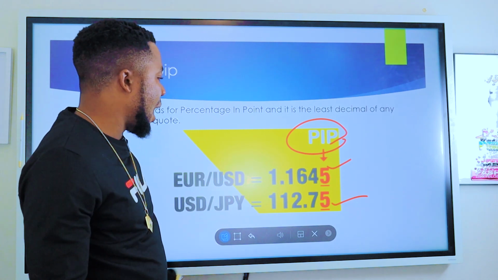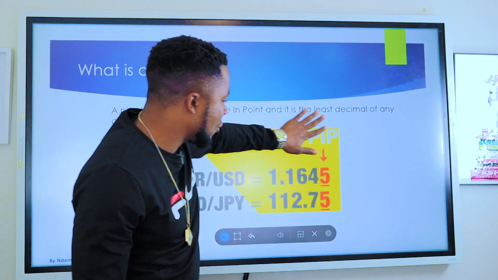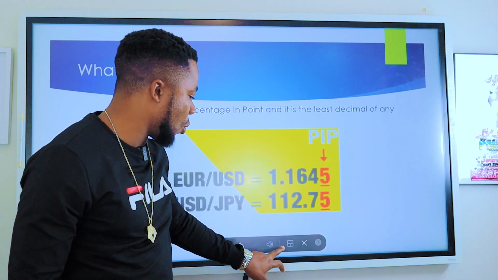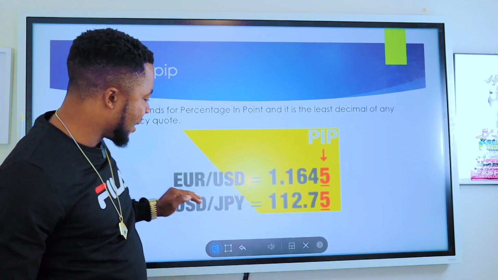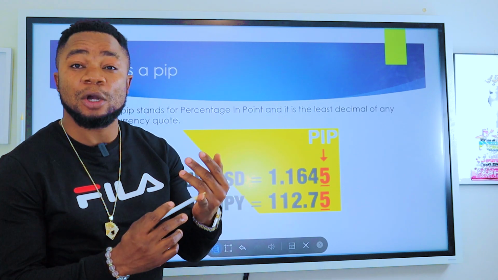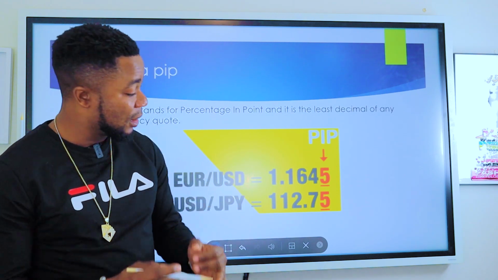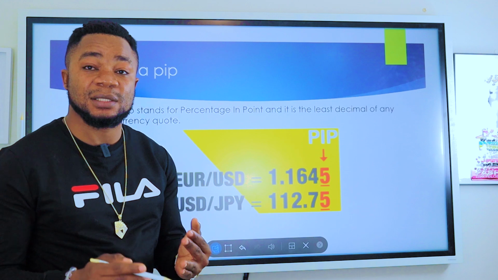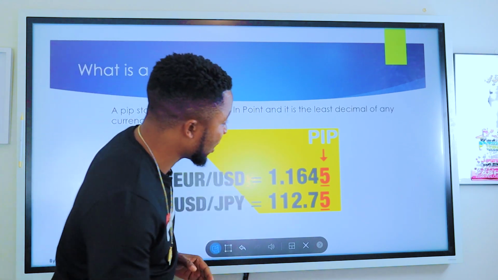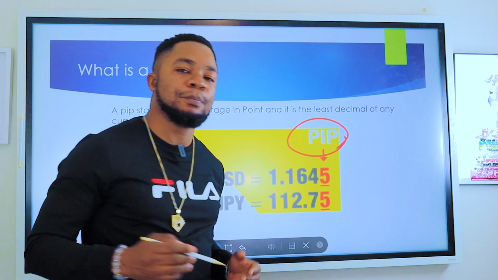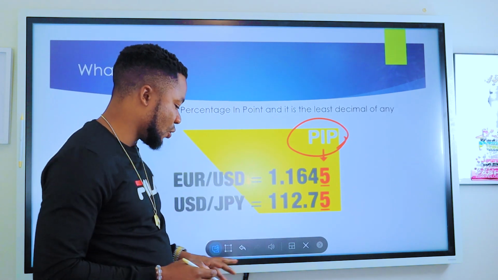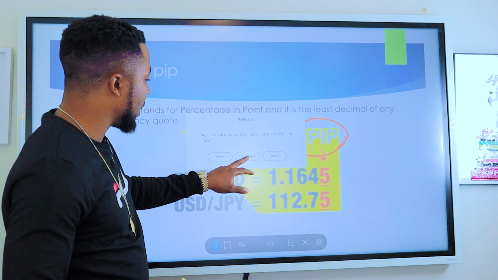Now, instead of just seeing one price like this, any particular currency pair will normally have two prices, which is what we call the bid price and the ask price. If you subtract the bid price from the ask price, you have what we call the spread, and that spread is measured in terms of pips. So that's just what we can say when it comes to pips.